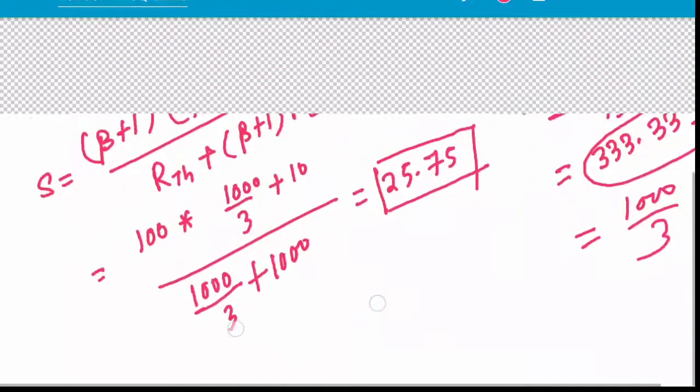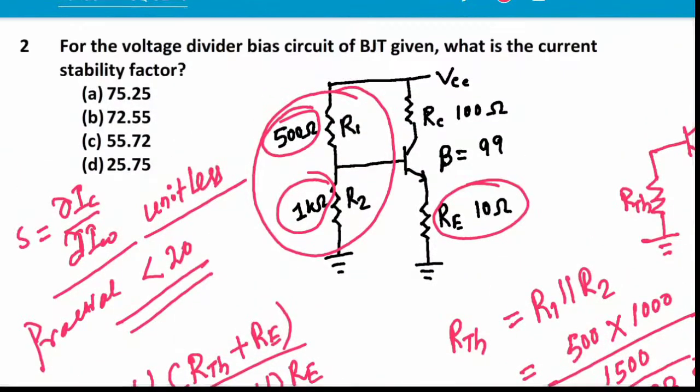So here the answer will be 25.75. Option number D is the correct answer.